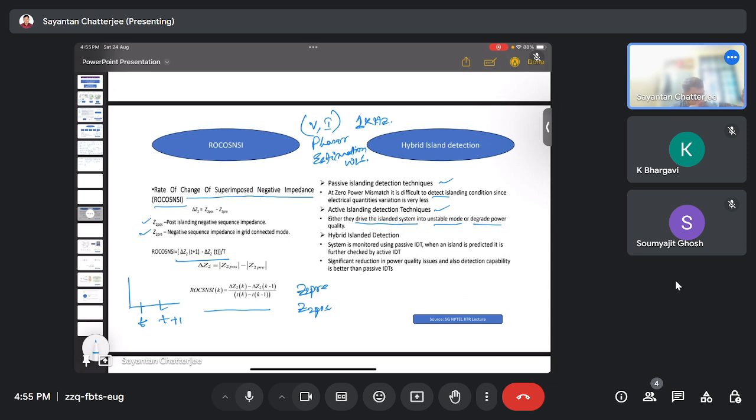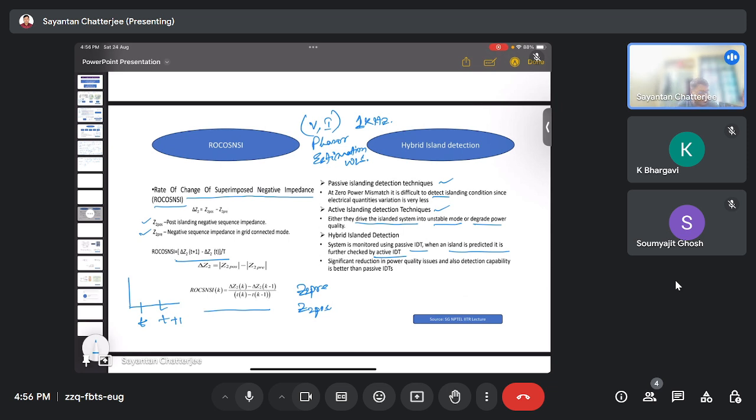To overcome these negative impacts, we need a hybrid islanding mode. Here the system is monitored using passive island detection techniques, and the island is predicted and further checked by active IDE. So a bilayer protection takes place to detect whether any islanding has been formed or not.